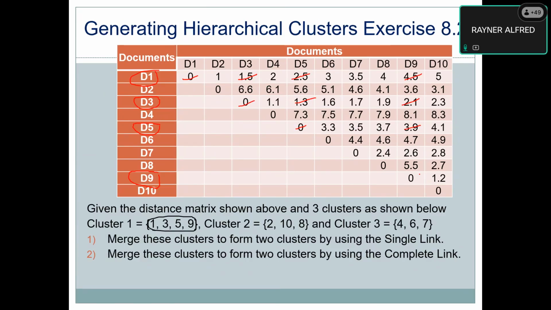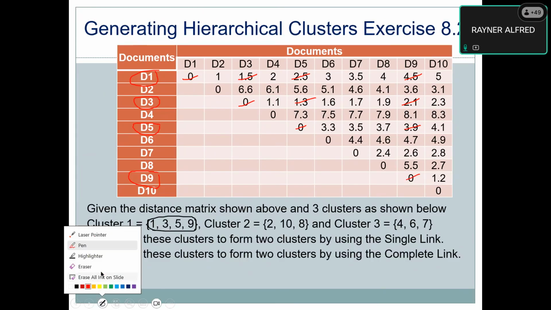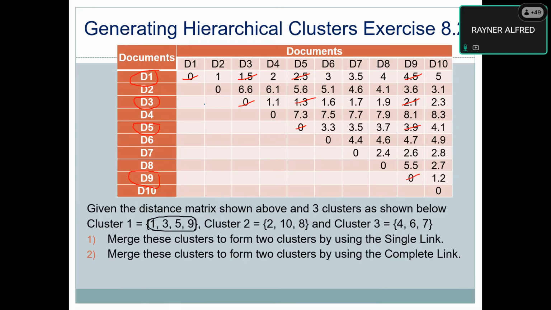So for D1, first we start by finding the minimum distance to the other cluster. Before that we have to do some coloring first, because the second cluster here is 1, 8, and 10.